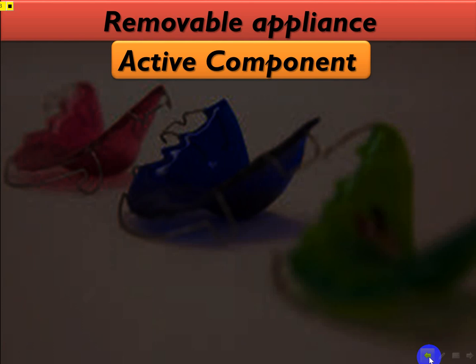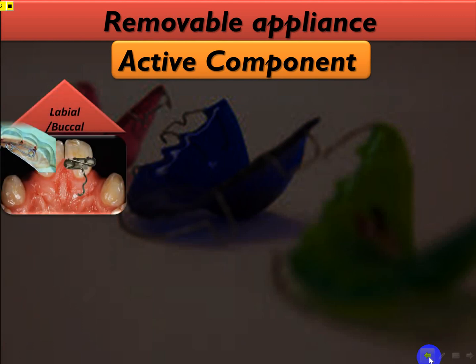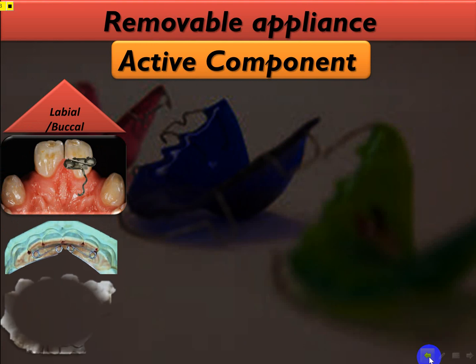The active components of a removable appliance can be classified according to the direction of the force and the direction of tooth movement into labial or buccal movement, like the Z spring, recurved spring, T-spring.